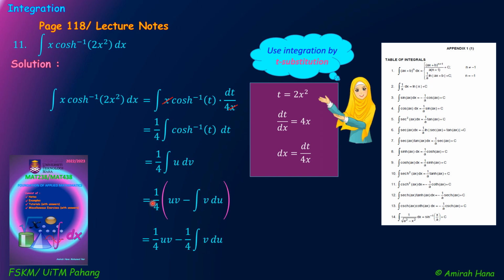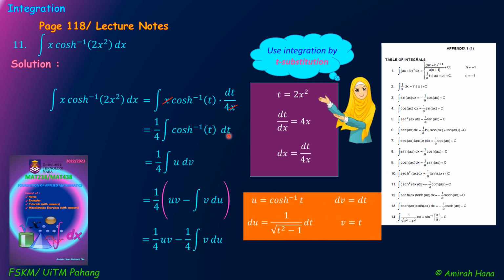So we get 1/4 uv minus 1/4 integration of v du. Earlier, our u is inverse cos t and dv is dt, so we write it beside. Our u equals inverse cos t and dv equals dt.